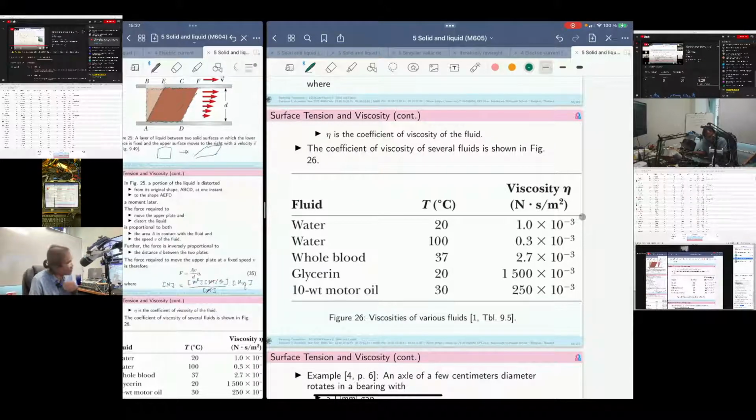This is 10^-3 Newton second per square meter, and water at the boiling temperature is only about 0.3 times 10^-3. So what is the reason behind it? What is the reason why the same water has lower viscosity at higher temperature?